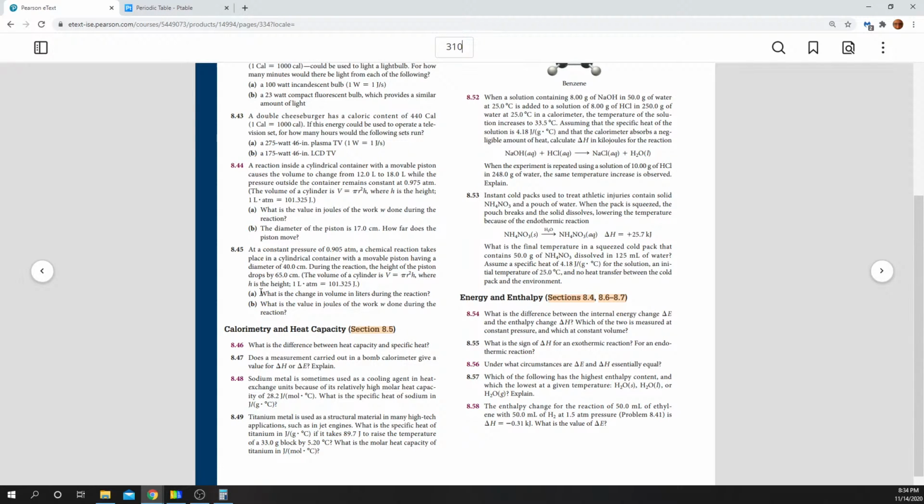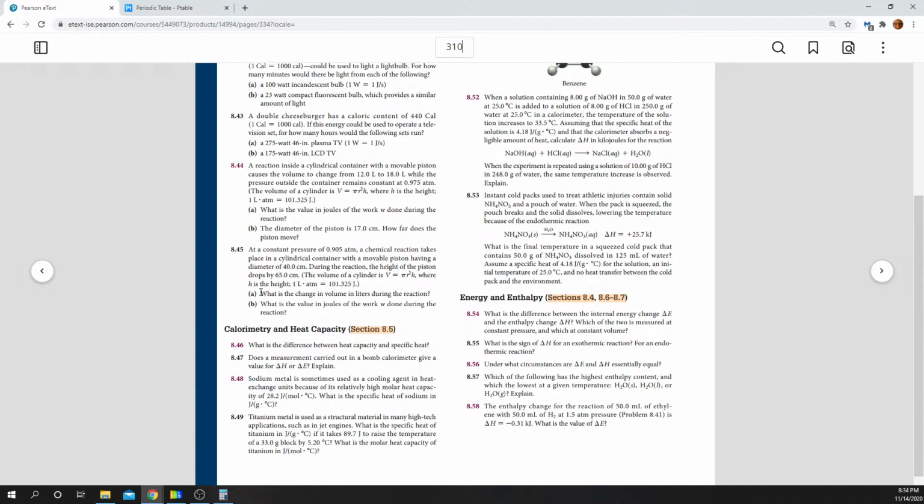One of those is going to be our limiting reactant. Okay, we'll answer the second question later.